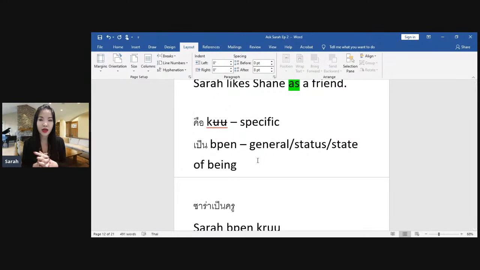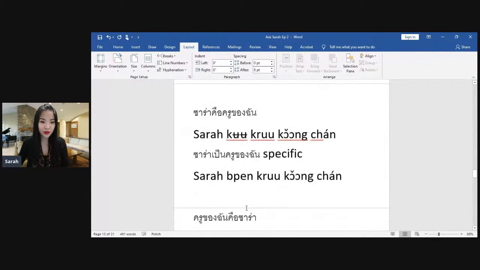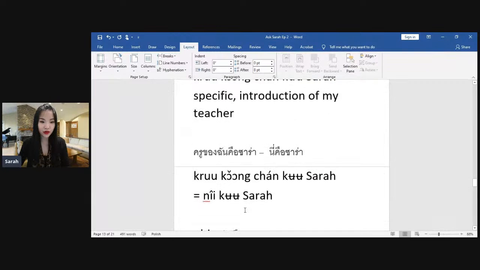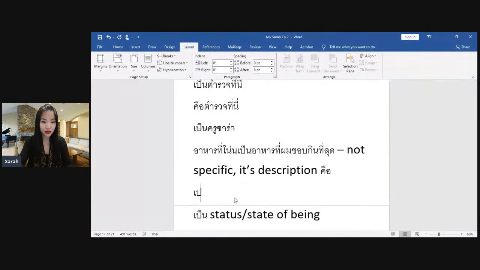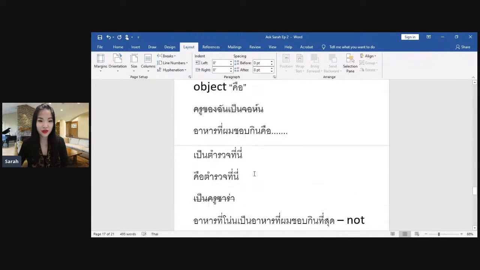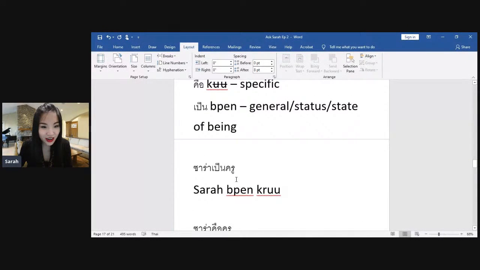There are some exceptions, like คืออะไร or เป็นอะไร, which totally mean different things. I'm going to get into those in a second. But let me write that too before I forget: เป็นอะไร and คืออะไร, because if I didn't I would forget for sure.